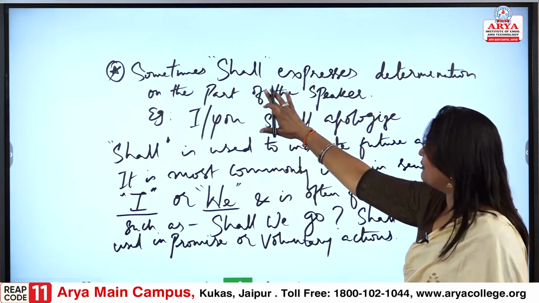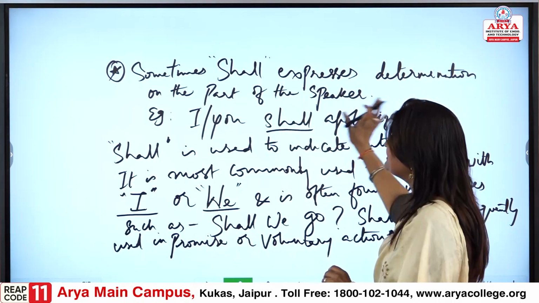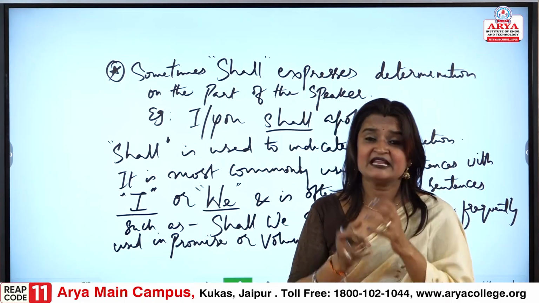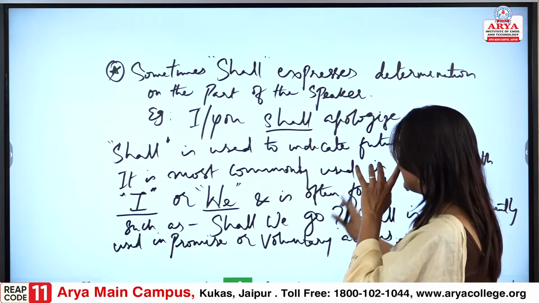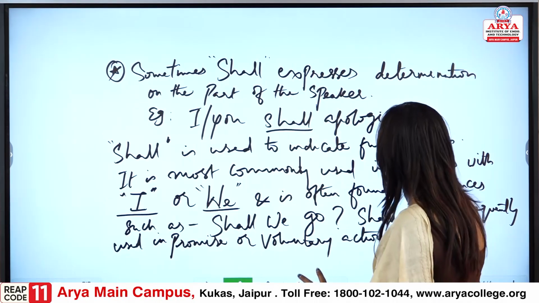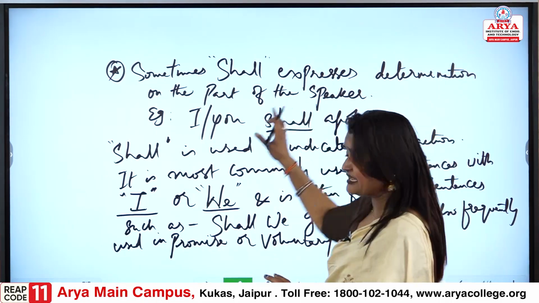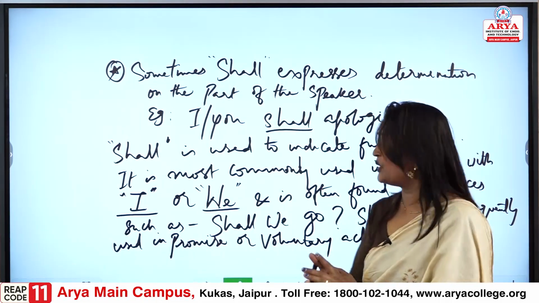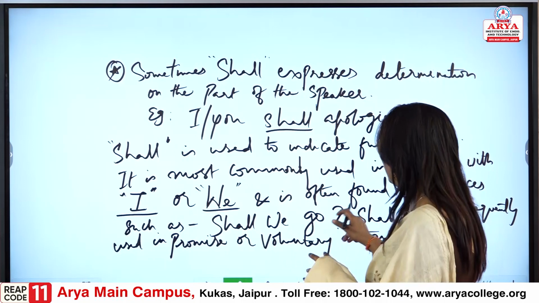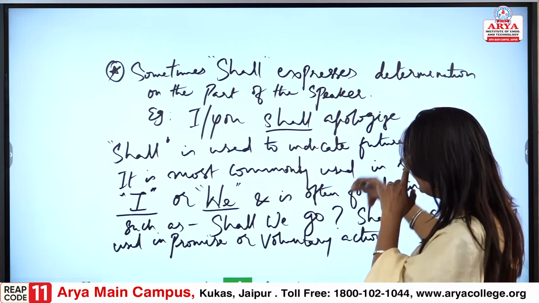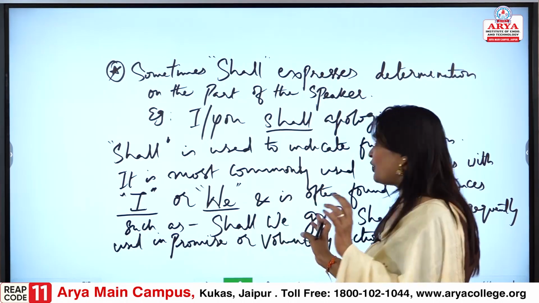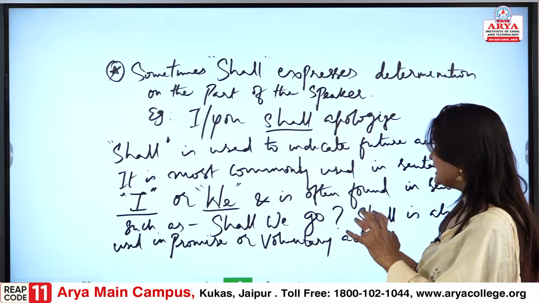Sometimes shall expresses determination on the part of the speaker. When we are talking about determination, it goes into various things, fine. As we said first, shall is used to indicate future action. So, again it expresses the determination with which the person is working toward the future action. Like the example we have taken, shall we go, fine, it is talking about the future action, the determination, and shall is frequently used to promise or volunteer action.